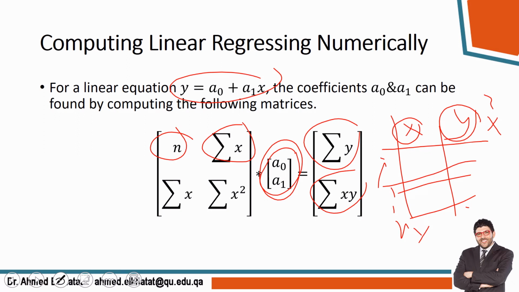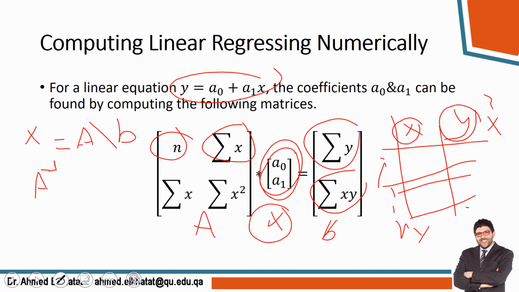Suppose this is matrix A, this is vector X, and this is vector B, and you want to find X. Using MATLAB, X equals A backslash B. Using Excel, you can use a special function that converts A to A inverse and then times B, so it will give you X as well.